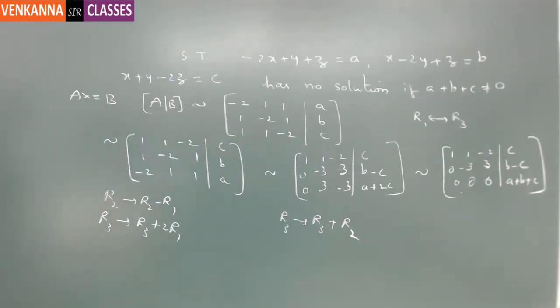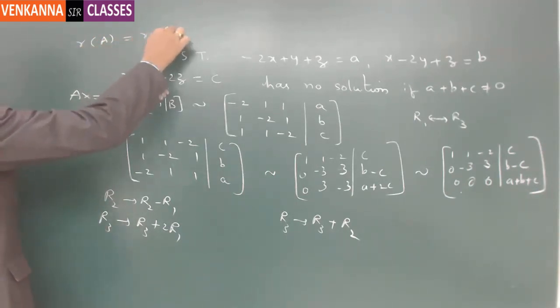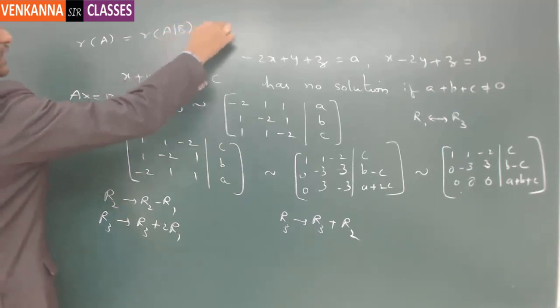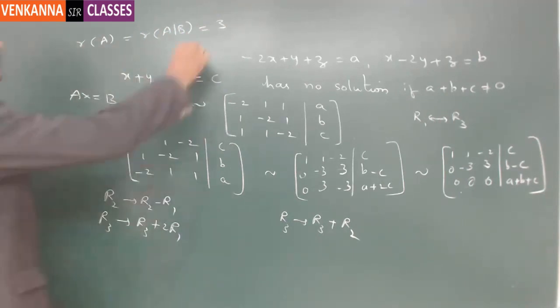Now what happened? In order to get consistency for the system, either rank of A must be equal to rank of A by B, which is equal to the number of variables 3, or rank of A equal to rank of A by B, which must be less than 3.